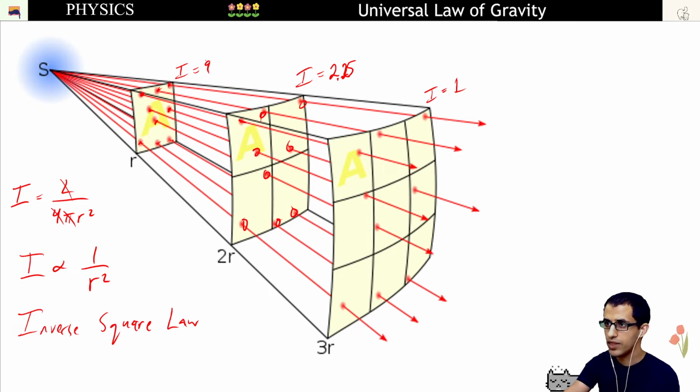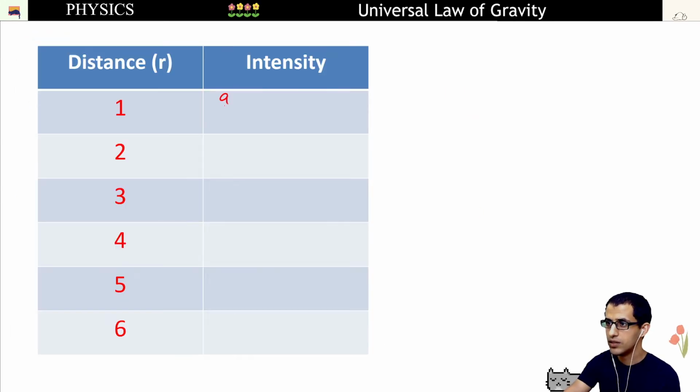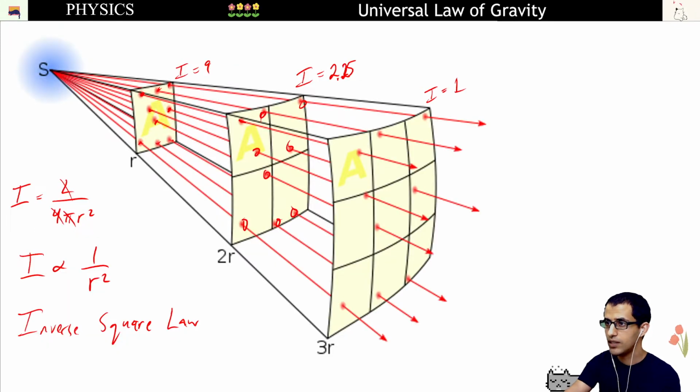So we start off with 9 rays. So it's going to be 9 over the distance squared. So the intensity is proportional to 1 over r squared. For the first one, we have 9 over 1 squared. That gives us an intensity of 9, like you saw here.